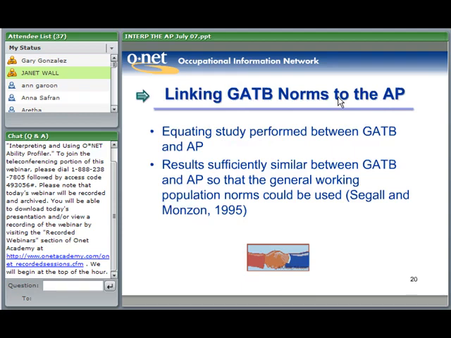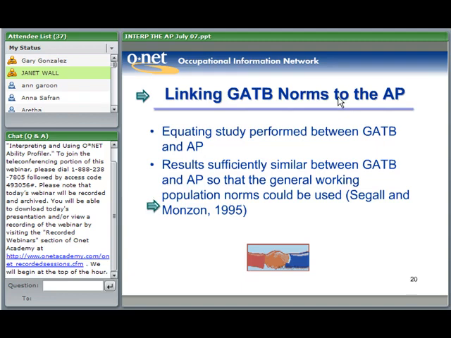So the norms were really developed on GATB information, but now we're working with the ability profiler. And as you know, the ability profiler, except for the psychomotor assessments, has all new items. So what had to be done is to link the GATB results with the ability profiler results. This is typically done by an equating study, which has been done by expert individuals in the field of equating.